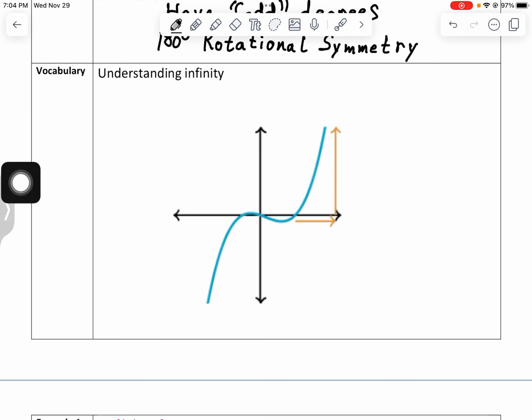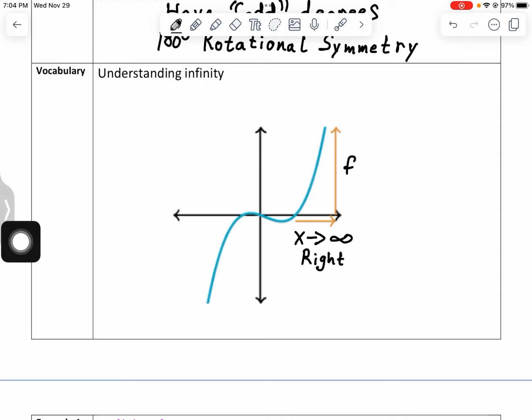This just shows us that as x goes to infinity, or as x approaches the right, this is what this means. Then f of x, or for us y, same thing, f of x is also approaching infinity because it's going up forever.